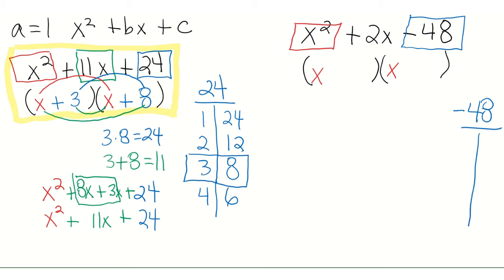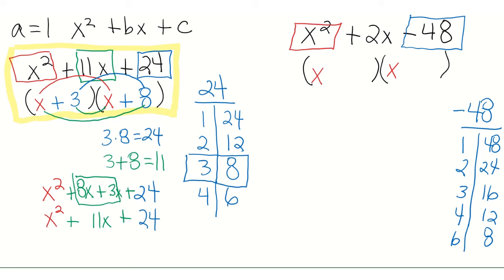So the factors of a negative 48 are 1 and 48, 2 and 24, 3 and 16, 4 and 12, and 6 and 8.